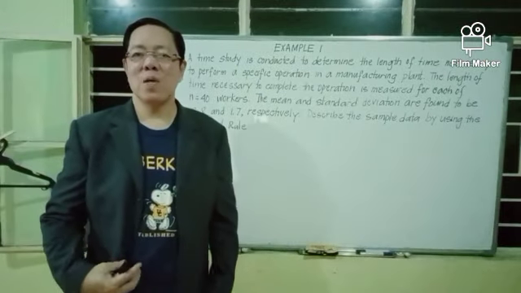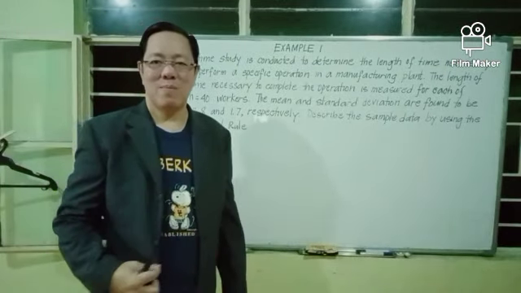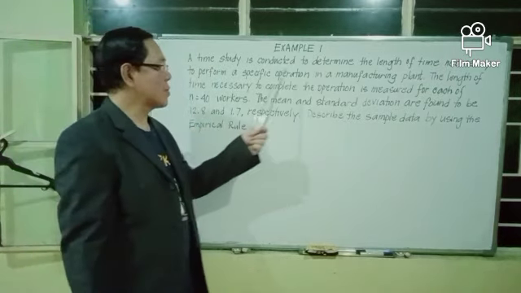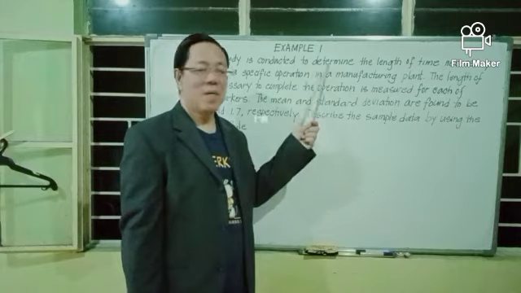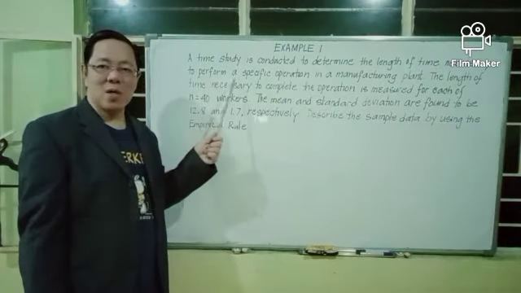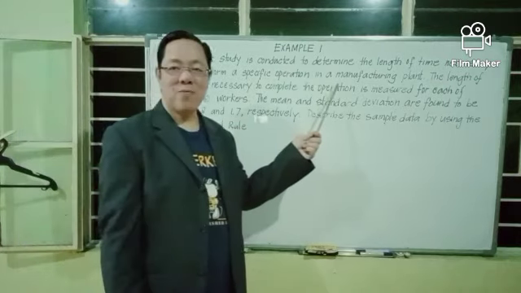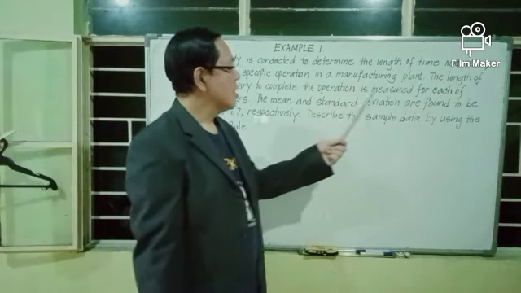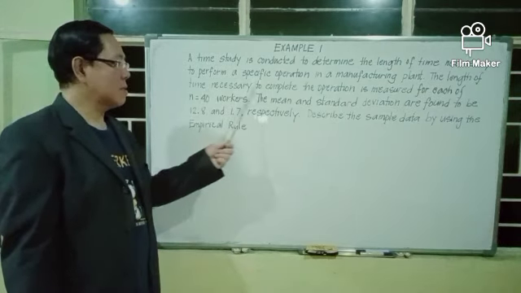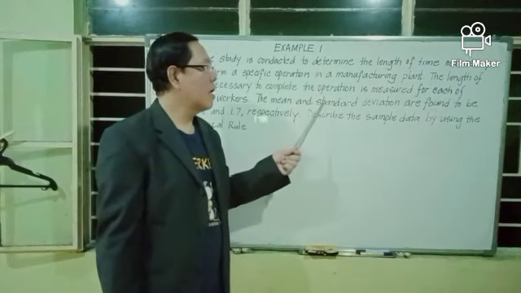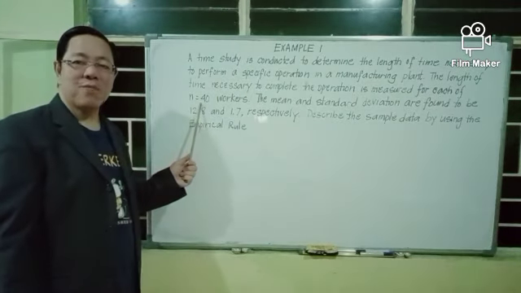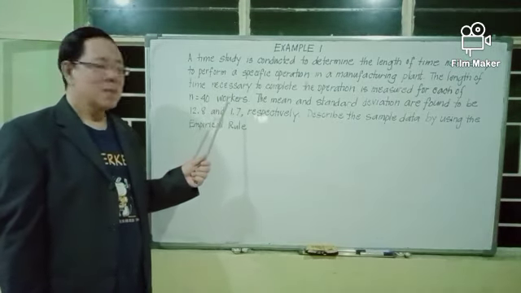For our first example, we consider the following problem. A time study is conducted to determine the length of time necessary to perform a specific operation in a manufacturing plant. The length of time necessary to complete the operation is measured for each of n equals 40 workers.